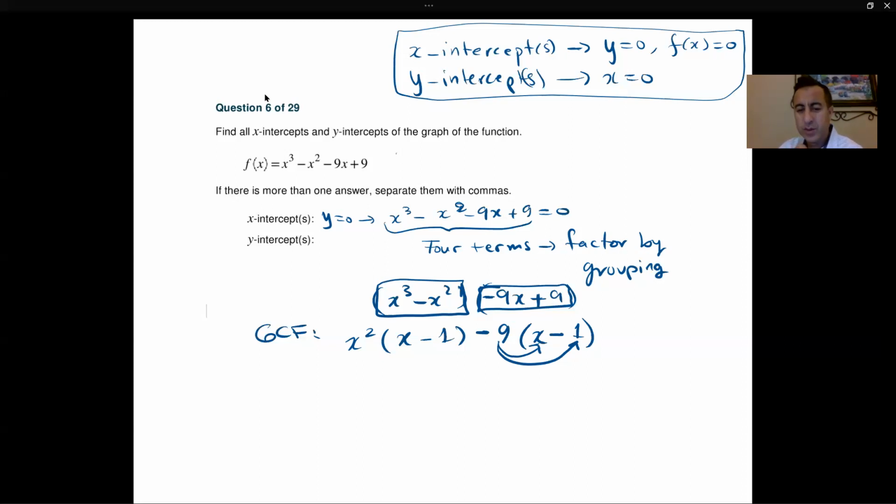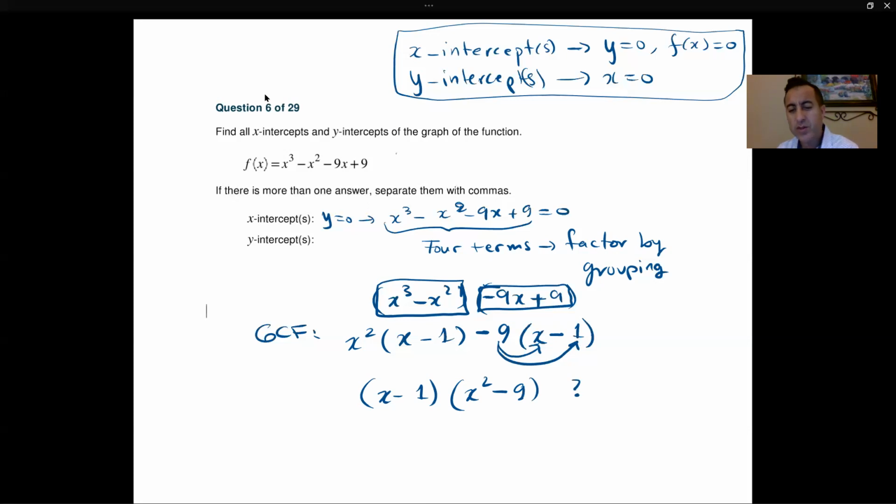So negative 9 times negative 1, that's a positive 9. This allows us, that's why we did factor by grouping, to find a group that is common. This x minus 1 is a common group. We've done it, so now it's a review, reinforcing that review. If we factor out x minus 1, what's left here is x squared, and similarly from the other part. We've done this so many times.